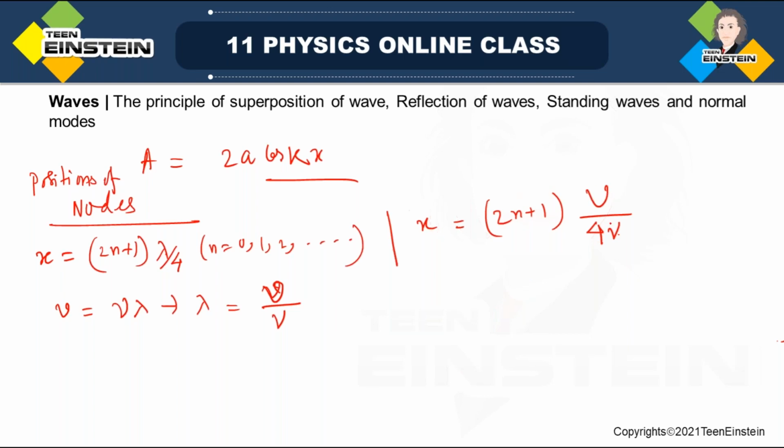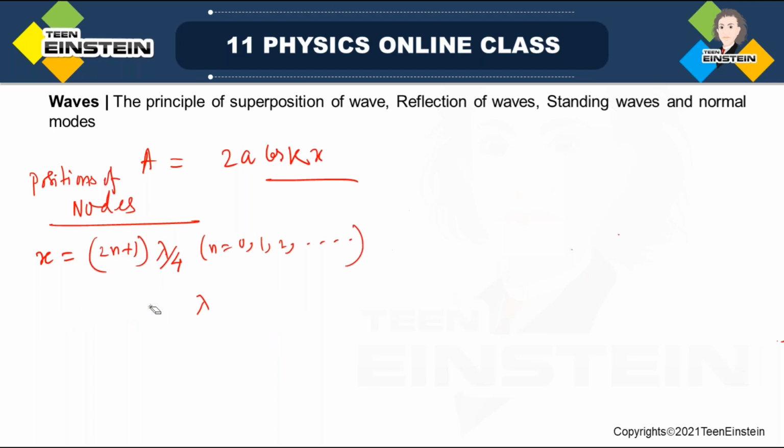If we know the velocity, we can understand the frequency of the wave produced at a particular position. So this is v by 4x. We'll discuss these things when we talk about various frequencies in a string or organ pipe, etc.